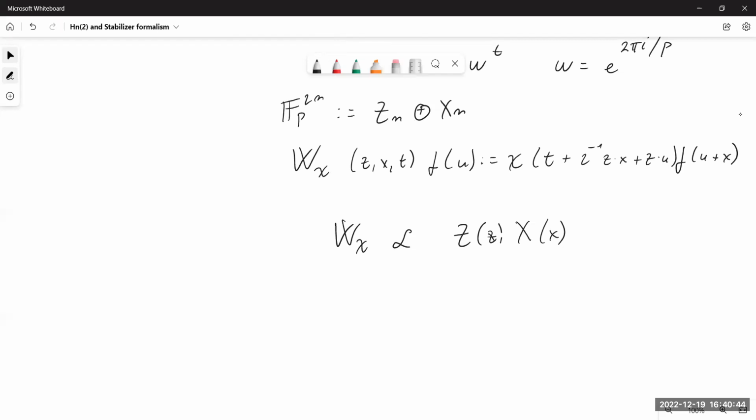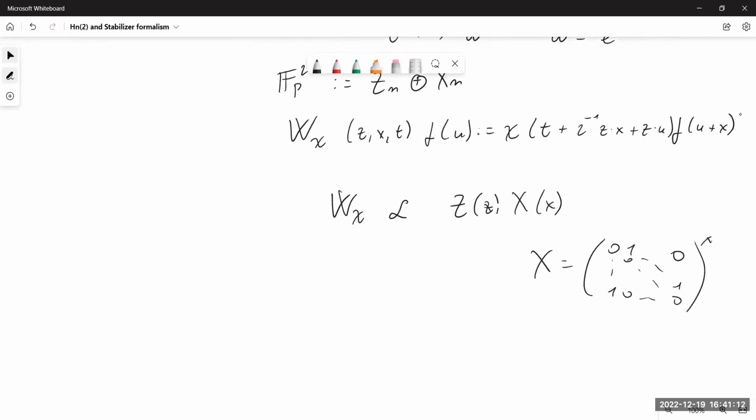So the trace of this operator is 0, except when the label small z is 0, while x is of this form. So it's just traceless by default. Only the identity is a non-traceless operator, of course.